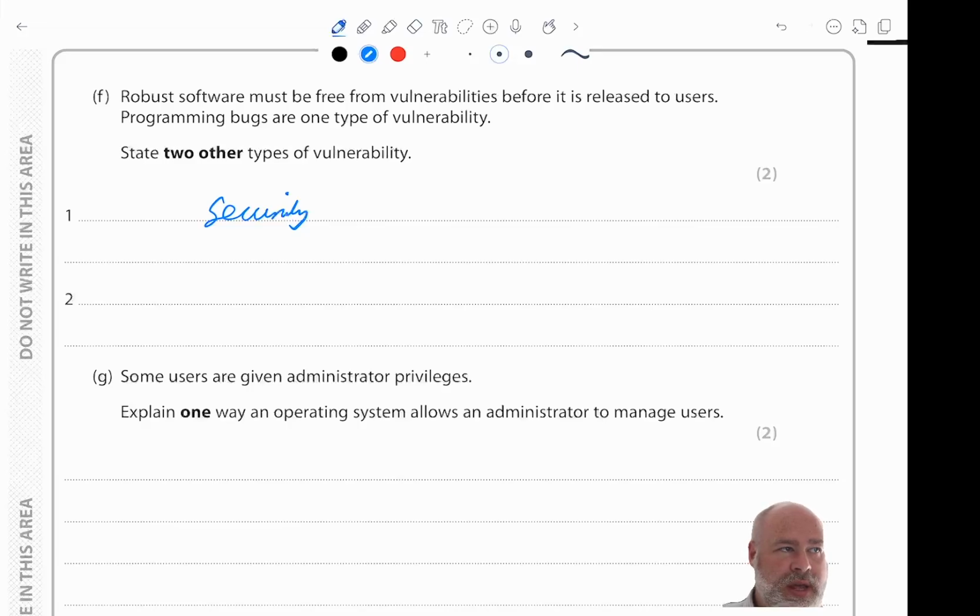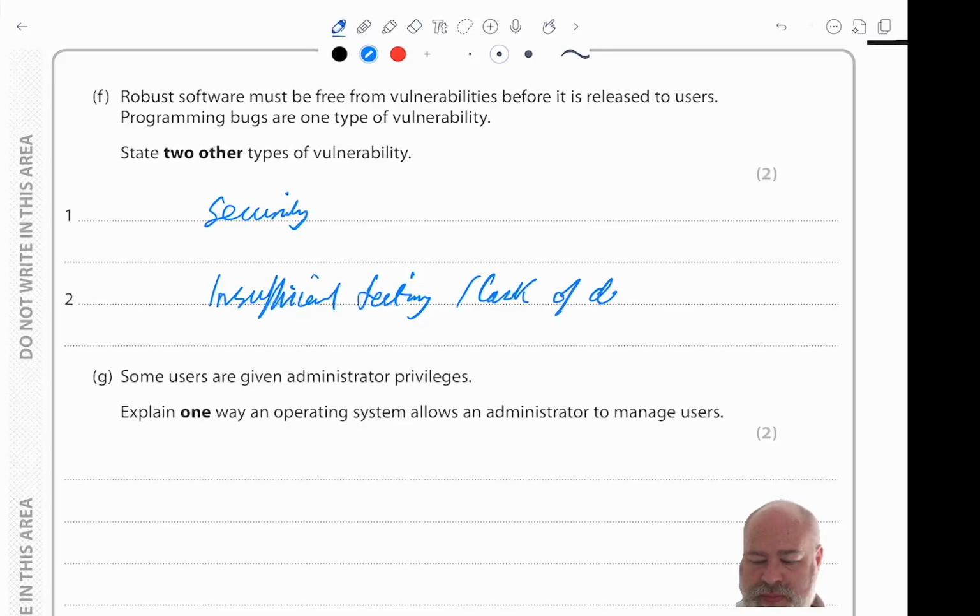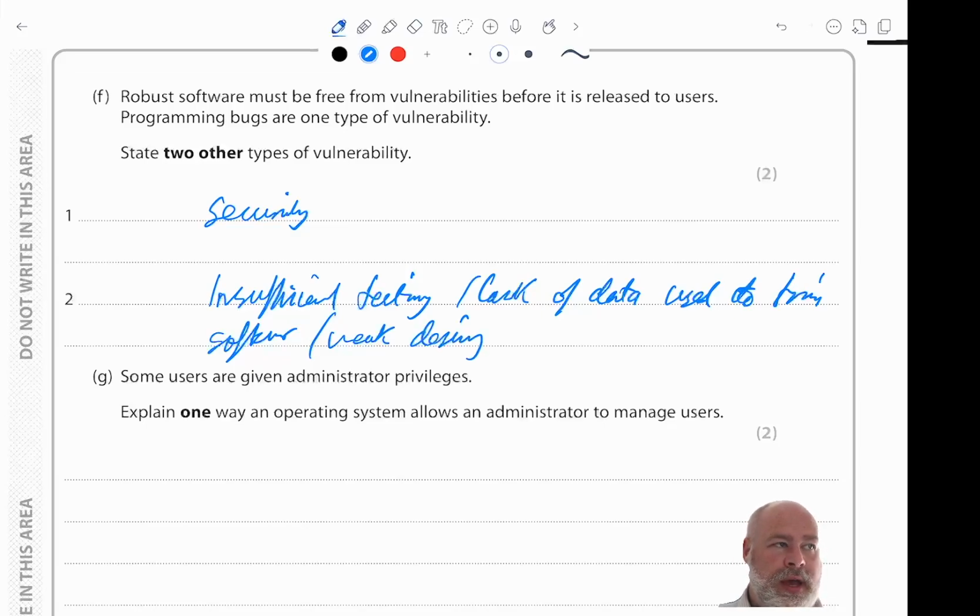We've got insufficient testing. Or, lack of data used to train software, something like that. Weak design, poor design. Those are probably what I would go with there.